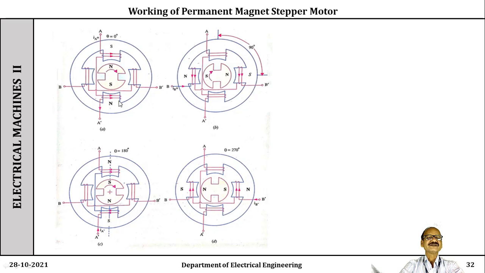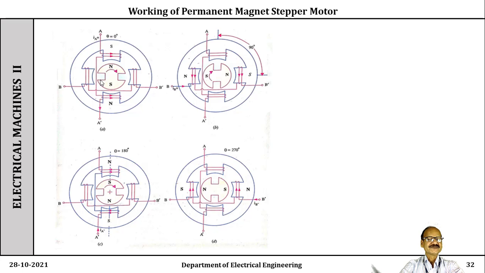That means it has 2 windings, A and B, by which the stator windings are excited by a DC source using the driver circuit, and it has 2 cylindrical poles for the rotor which are permanently magnetized.